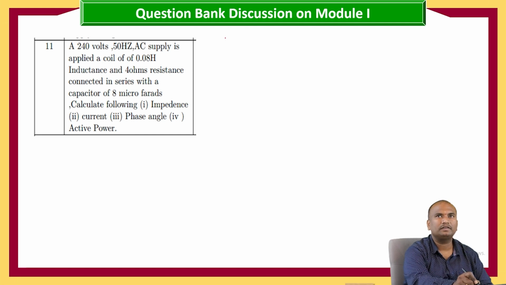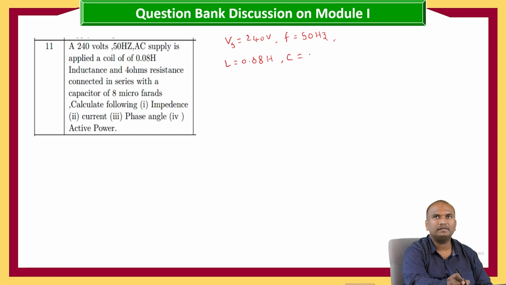Here the voltage Vs is equal to 240 volts and the frequency is 50 hertz, inductance is 0.08 henries and the capacitance is 8 microfarads. The resistance is given as 4 ohms.